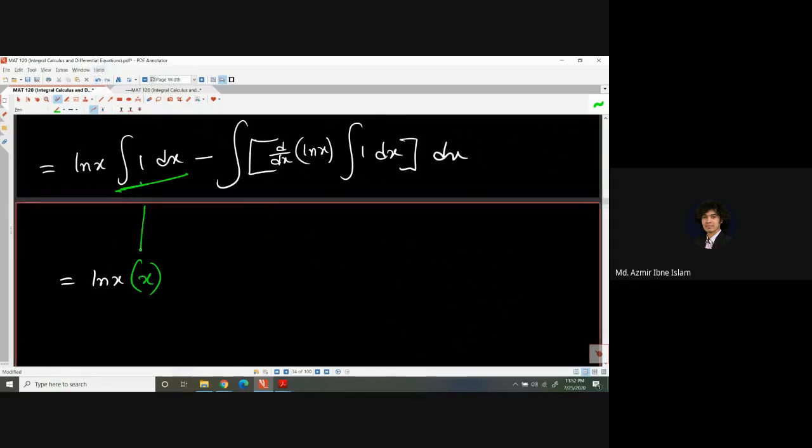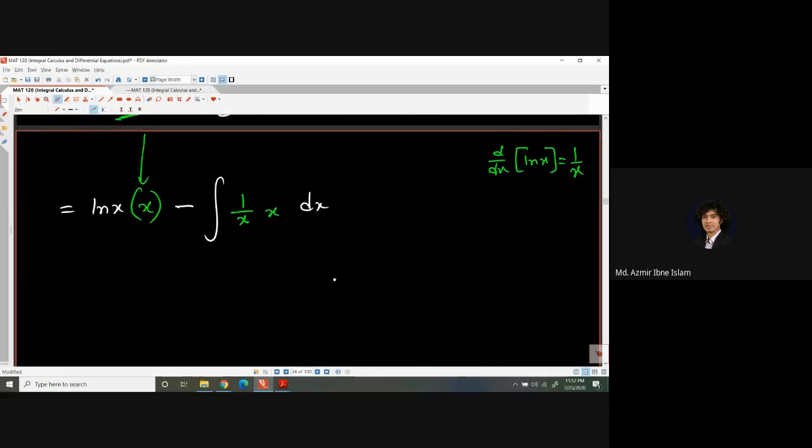So for this we have written this one, negative the differentiation of natural log of x. You know this formula, that d/dx of natural log of x is actually 1 over x. So for this we can write 1 over x, and again for this part, the integration of 1 in terms of x is actually x, and with this we have dx.